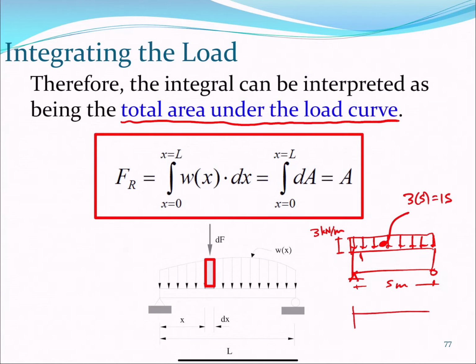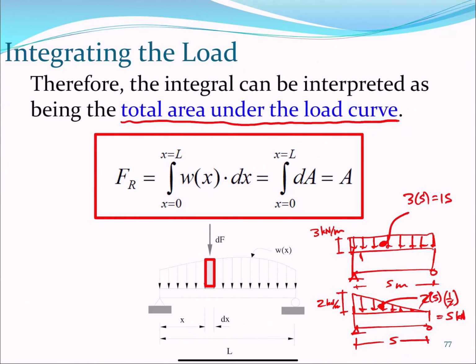Or if the load is a triangular load, this is 5 and this is 2 kilonewton per meter, we are just getting the area. So this is 2 times 5 divided by 2, which is equal to 5 kilonewtons.